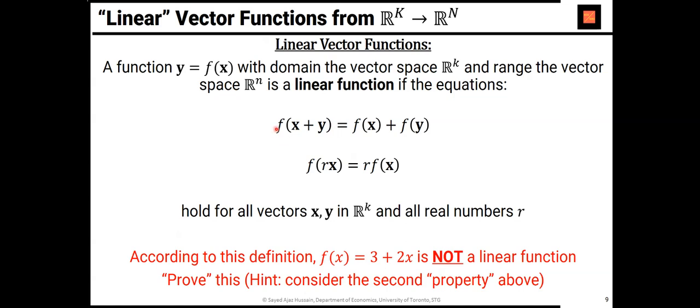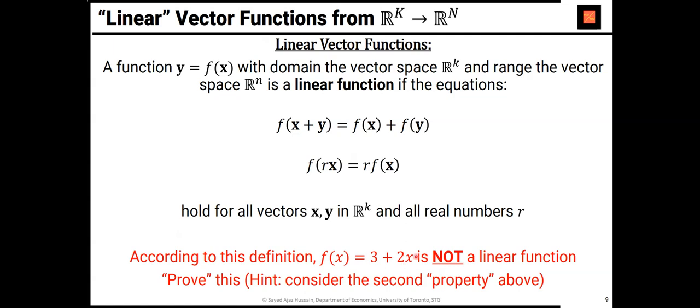The first says: wherever you see an x, if you were to put in x plus y, the answer you would get is the same as this equation with just x plus this equation where you took the x out and replaced it by y. So putting in x plus y would be the same answer as this thing with an x and this thing with a y.